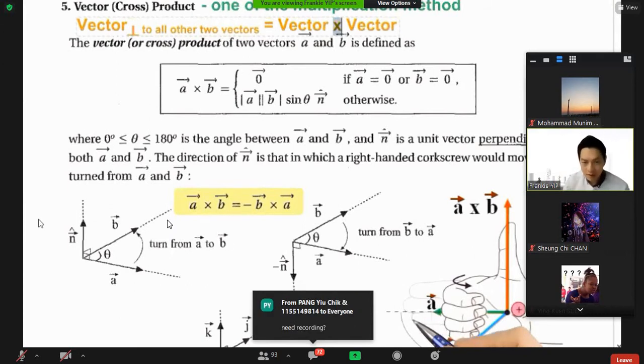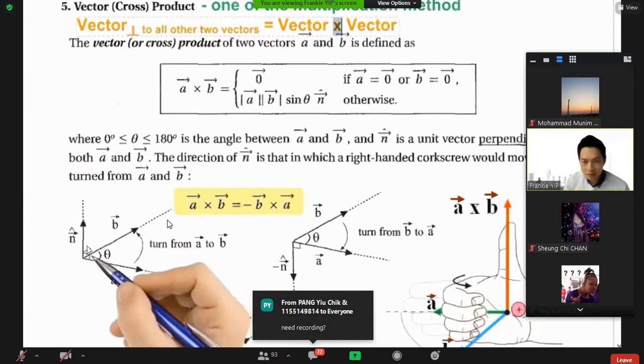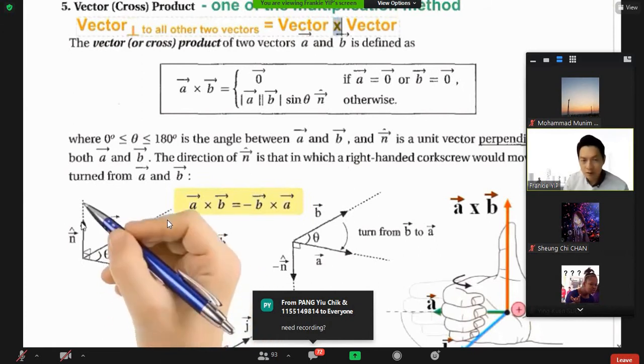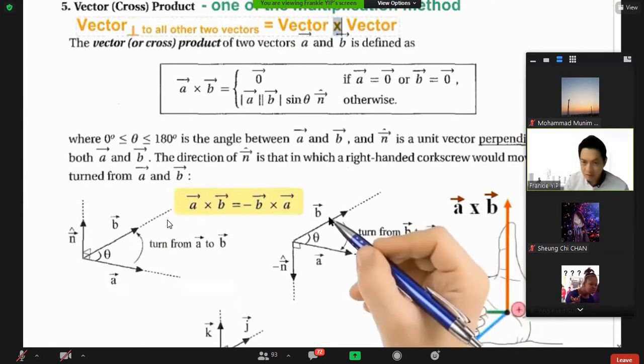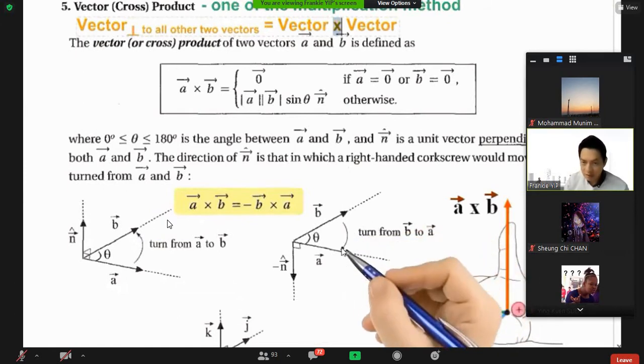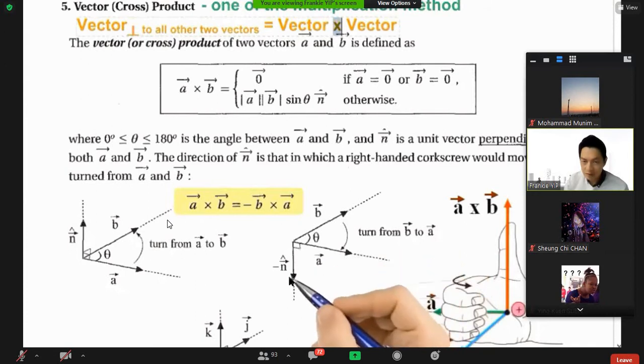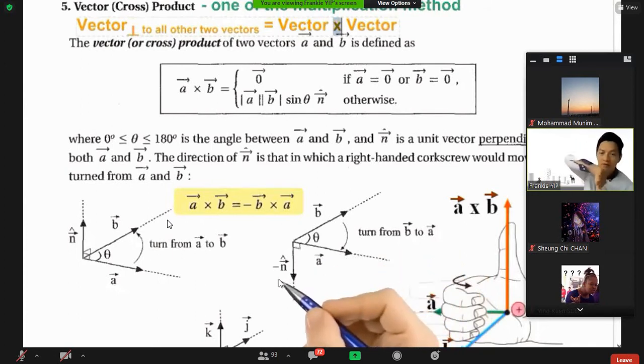So A cross B, the thumb will be pointing outward. And if it is B cross A, once again, B cross A, the thumb will be pointing downward. B cross A, something like this one.